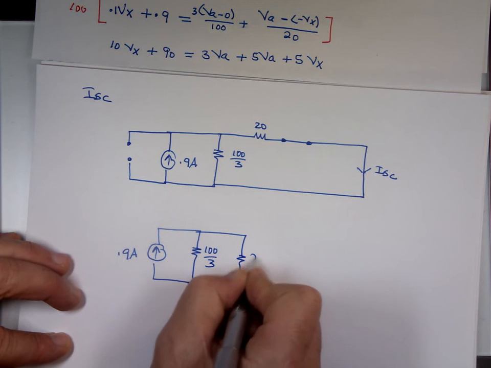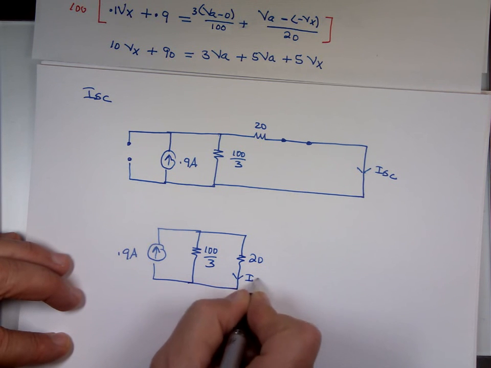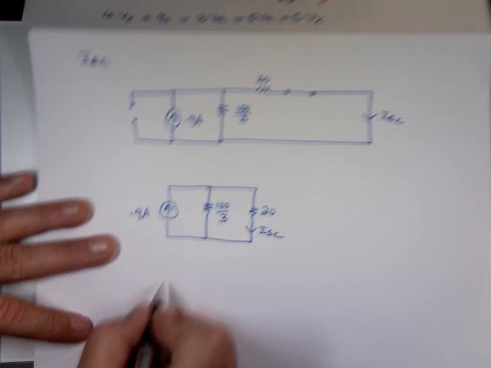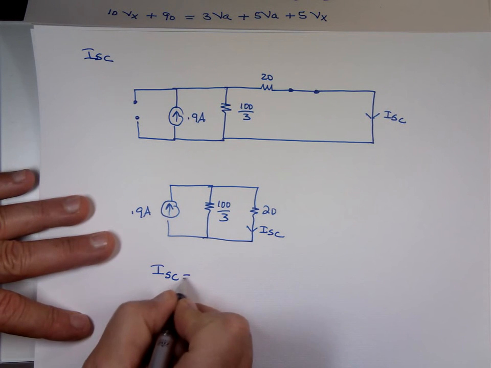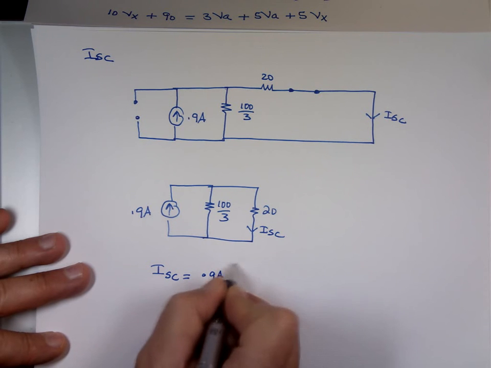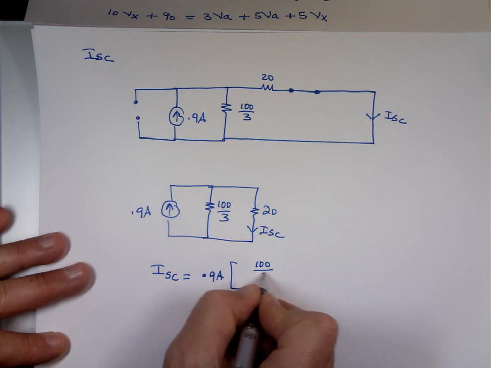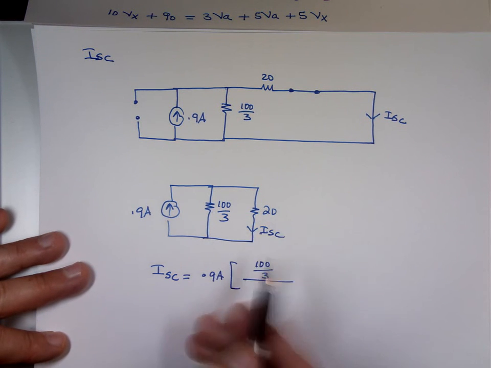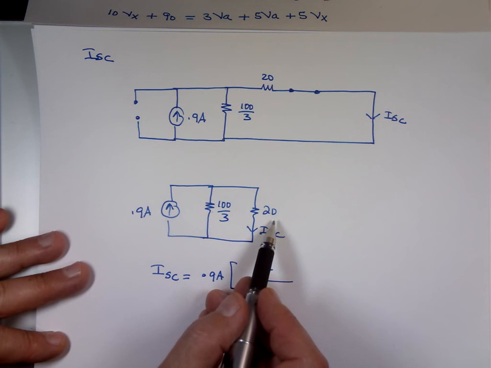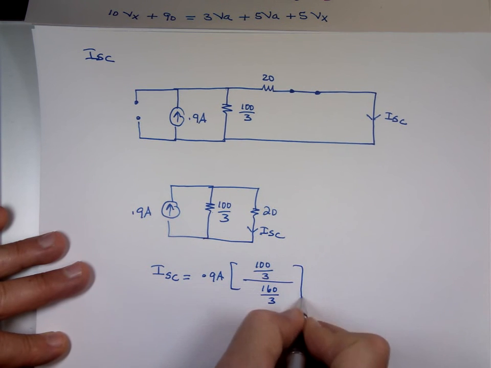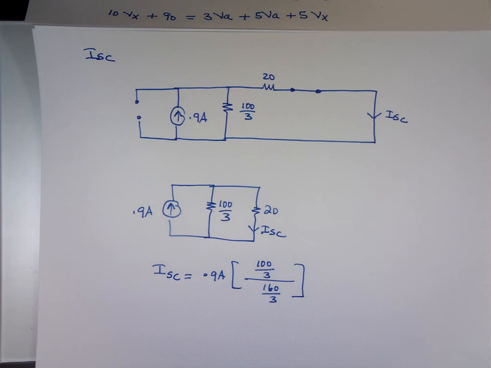now I'm looking for that current. I like that one. So what's I short circuit equal to? Current division, 0.9 amps, times, if I'm looking for this current, I have to use that resistor, 100/3, over the sum of them. The 20 is 60/3, and the 100/3, when you add them, that's 160/3.